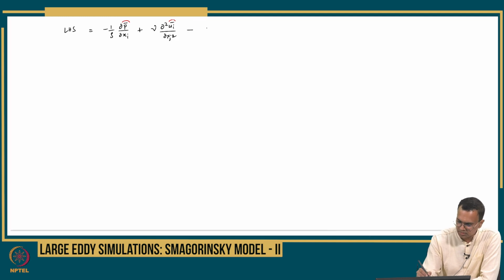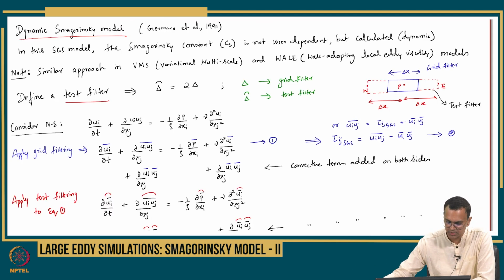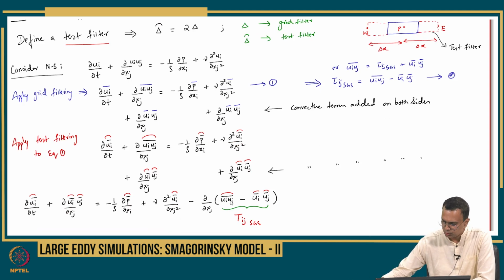So I get minus ∂/∂xj of, ui uj over bar is replaced by tau ij SGS plus ui bar uj bar. But this entire term ui uj, if you go back to the previous slide, you can see this ui uj over bar had a test filtering operation. So we are replacing this ui uj over bar with tau ij SGS plus ui bar uj bar, and a test filtering over this here.